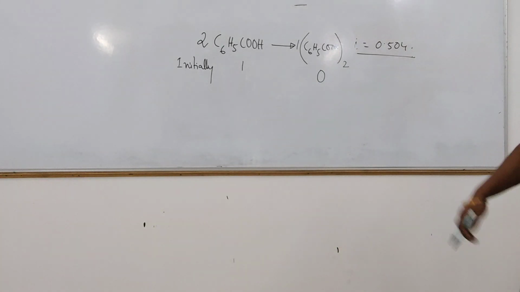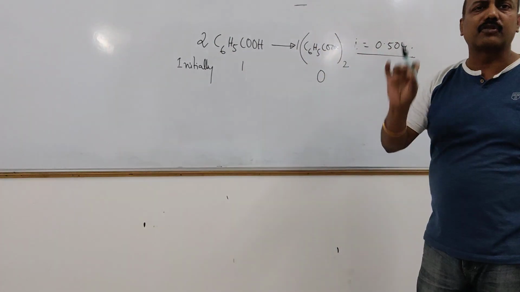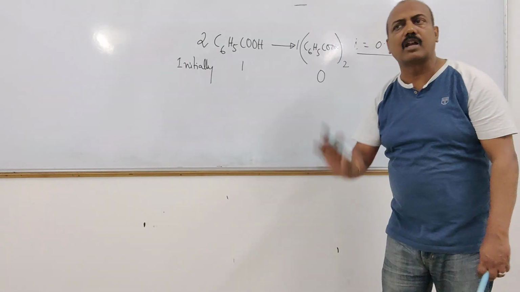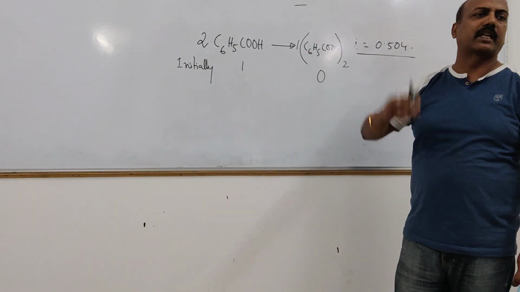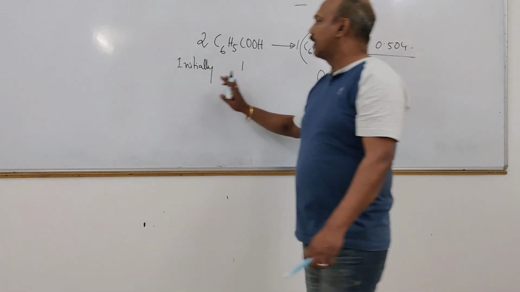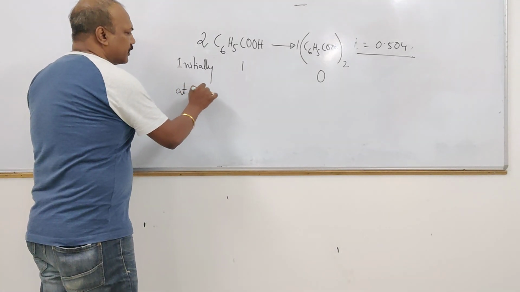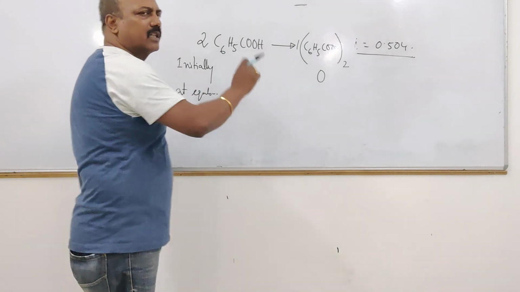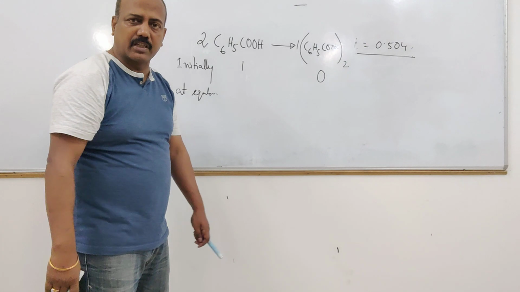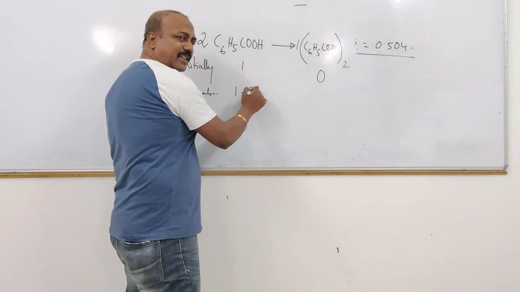Initially the number of moles of C6H5COOH we take as 1, because degree of dissociation or association means out of 1 how much is associated or dissociated. That is why we are taking it as 1. Fine? And the amount of this is 0. Now at equilibrium, out of 1, suppose X undergoes dissociation, in this case association. So the remaining will be 1 minus X.